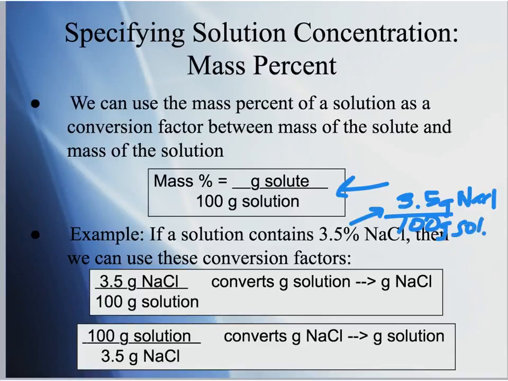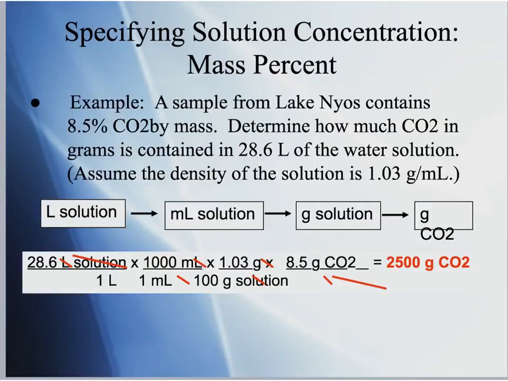So if you need to convert grams of solution to grams of NaCl, you could use this conversion factor here. Or if you need to do it the other way, converting grams of NaCl to grams of solution, then you would use the bottom one, where the 100 grams is on top and the 3.5 grams is on the bottom. So let's take a look at an example here.